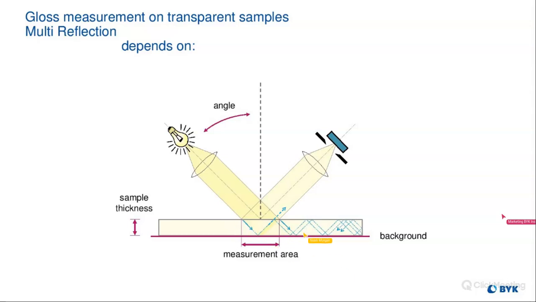So now your background is at play. Really, all of these have effects that you're going to see in the numbers. A way to make it to where you can have clear comparative measurements is, again, if you keep everything the same except for your sample.